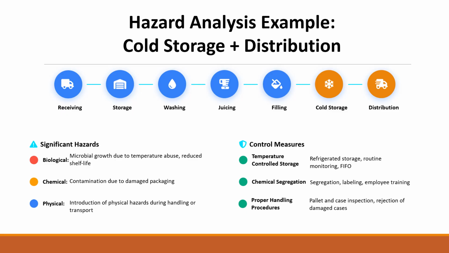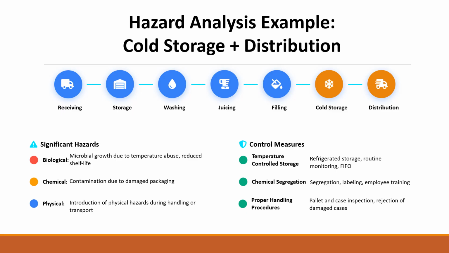Chemical and physical hazards are less common at this stage, but they can still occur. Packaging damage during storage or transportation can lead to contamination or introduce physical hazards. Controls for these risks include proper handling procedures, pallet inspection, and rejecting damaged cases before distribution.